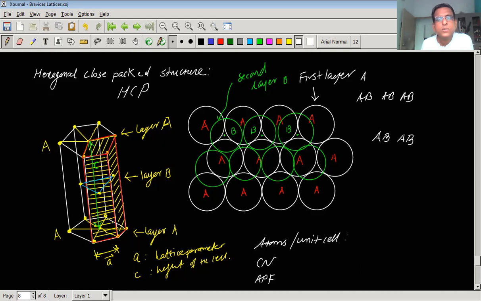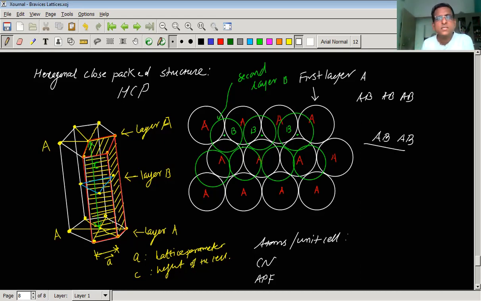So we put the green colored atoms in valley B so as to obtain layer B. Now for the third layer, there are again two options, valley A and valley C. So again we put the atoms in the third layer in valley A, so that we obtain the stacking of AB, AB, AB, and such an arrangement of atoms gives rise to the hexagonal close packed structure.